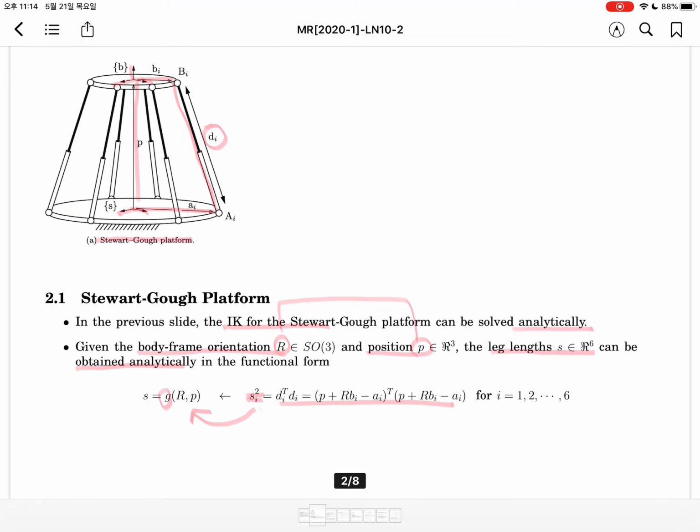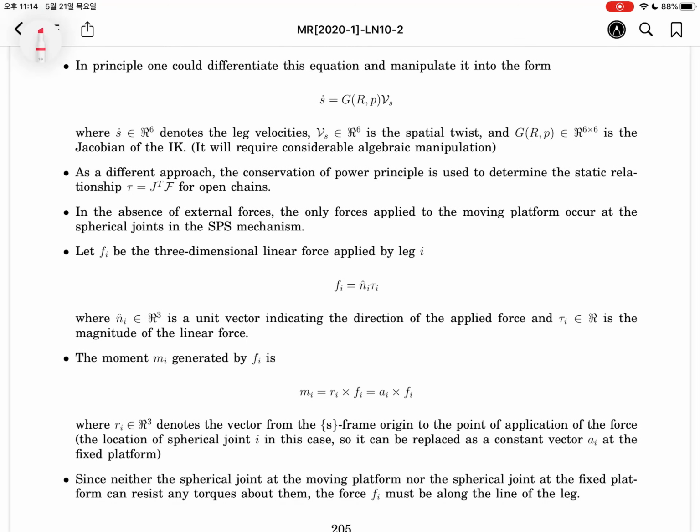as a 6-dimensional column vector. The G vector can be differentiated with respect to time, then we can get this inverse Jacobian.